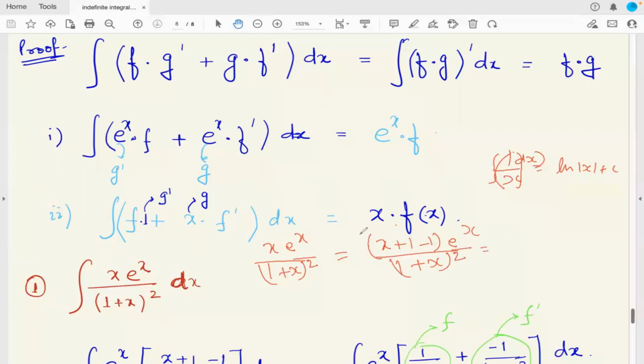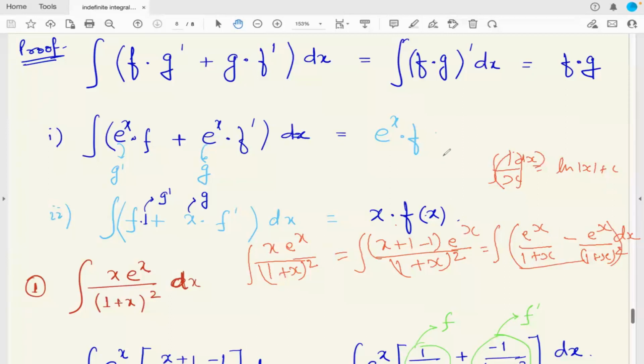So if we look here, e to the power x by 1 plus x minus e to the power x by 1 plus x square. If we open this function, it will come out like this, right? dx.